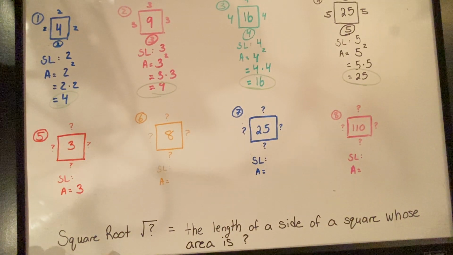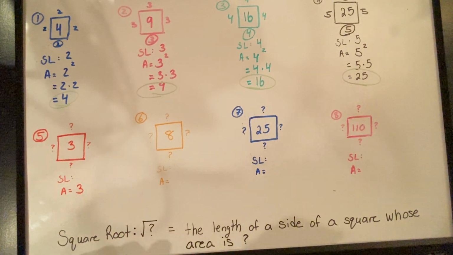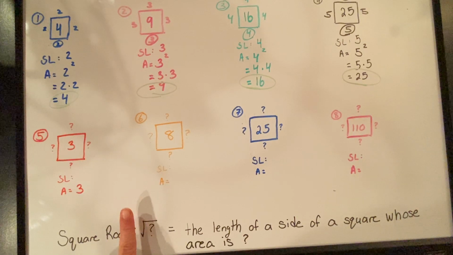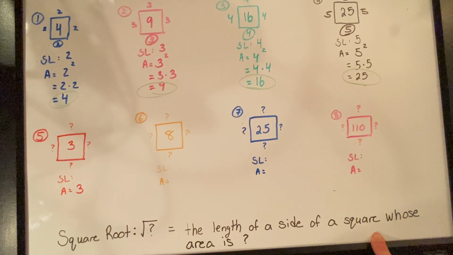So if we have the square root of question mark, so this right here is the square root. So the square root of the question mark, what does that mean? This right here, the square root of the question mark, is the length of a side of a square whose area is question mark. So let me show you how it looks with numbers.